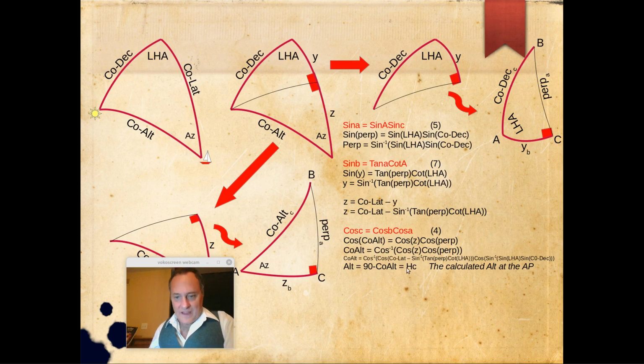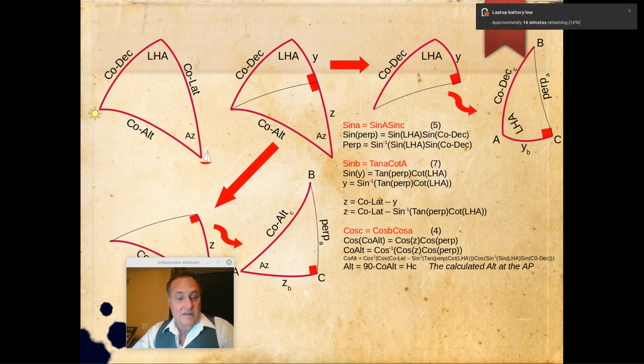And there you go. That's what we're looking for in celestial navigation, right? We want to find the Hc, the calculated altitude, for comparison against our observed altitude, the difference between them being the nautical miles between the assumed position and the ship's position.